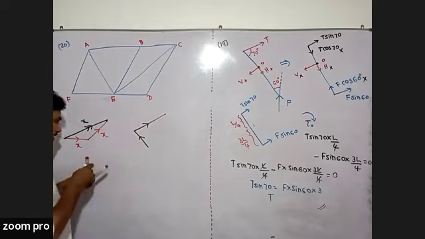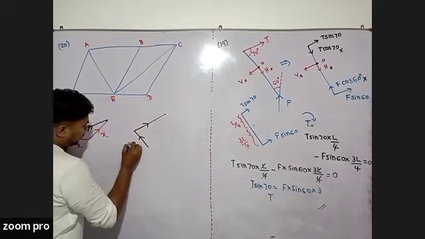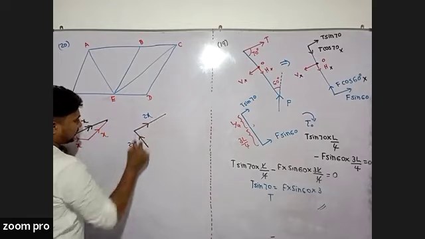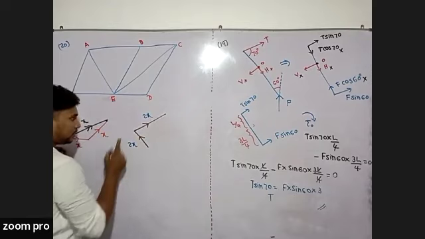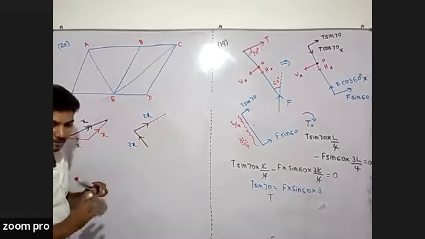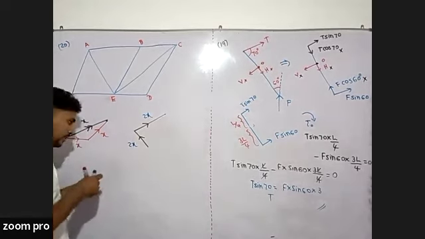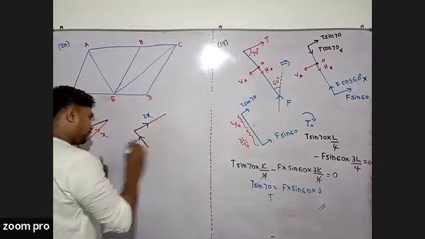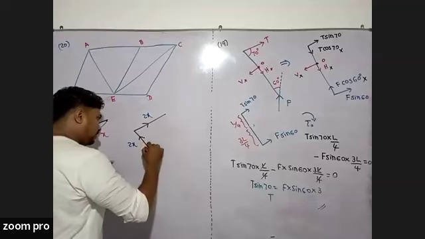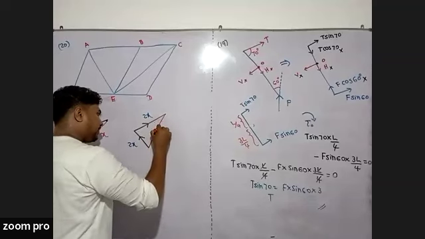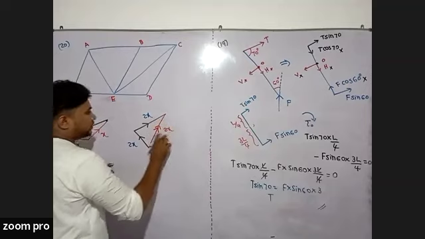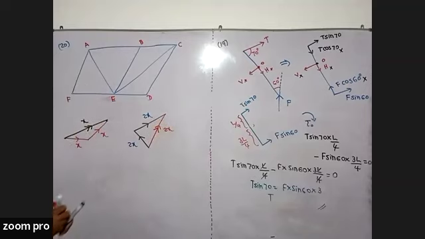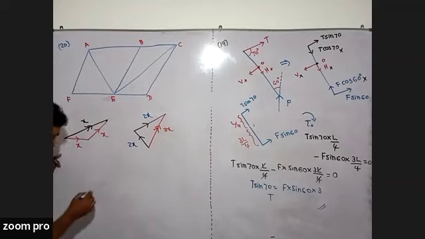Let's assume that you marked two forces as 2x and 2x according to particular angles, right? Then, guys, we can represent the resultant vector of these two as this. The magnitude is marked as 2x, right?